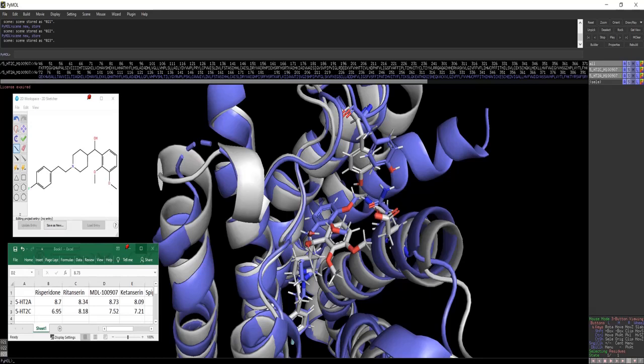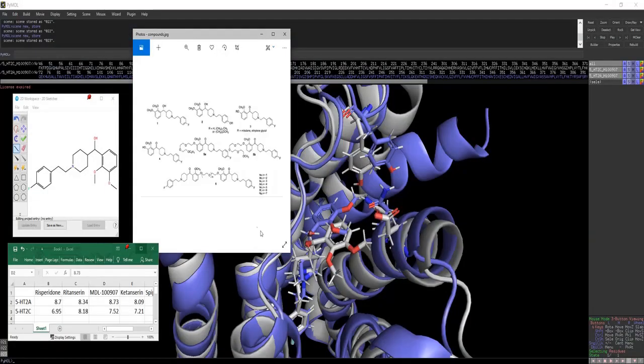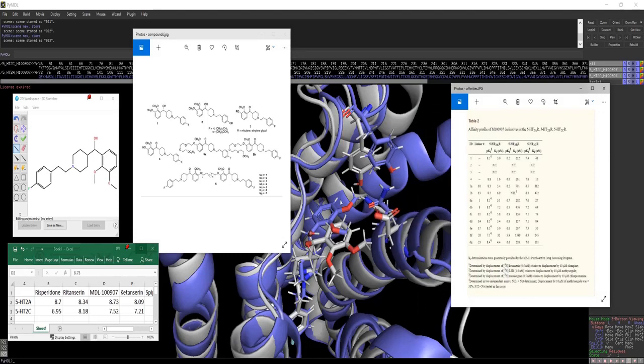For example, in studies where they modified this compound at various positions, what they noticed is they were able to modify this meta position, this methoxy right here, to a variety of different things, and it was well tolerated in 2A, but not 2C. So you can see the affinities here, for example, in 4, where they changed it to a hydroxy group. They saw that the selectivity actually decreased between 2A and 2C.